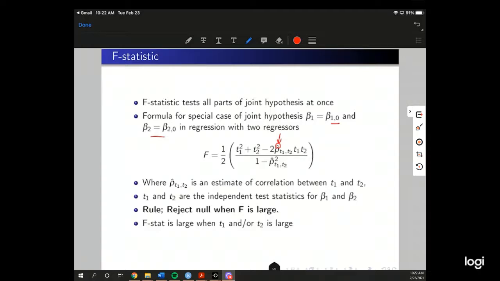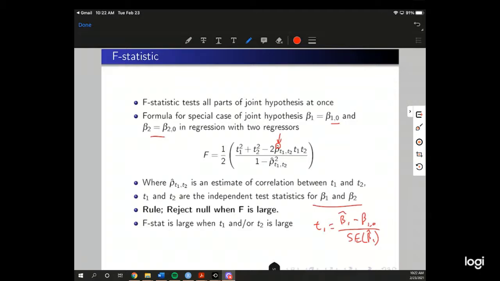And T1 and T2 are independent test statistics for beta 1 and beta 2. We learned about those in the previous lecture. We know how to calculate them. For example, T1 is going to be beta 1 hat minus beta 1 naught over the standard error of beta 1 hat. And the rule is reject the null when F is large. So how large, we'll talk about that in a moment.